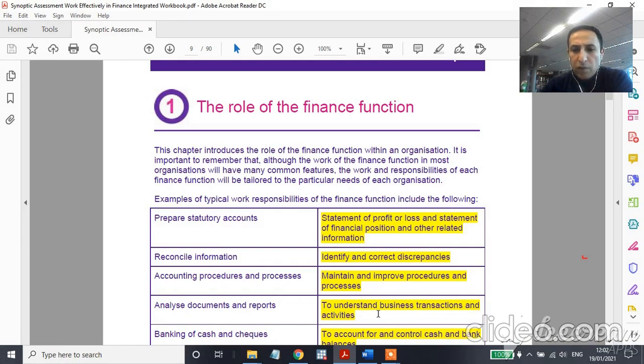This is obviously one of the important responsibilities of finance staff: to understand the business and the transactions, who their suppliers and customers are, and what the level of activity is in a month or a quarter.